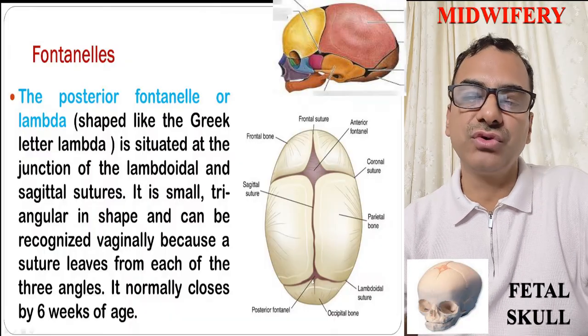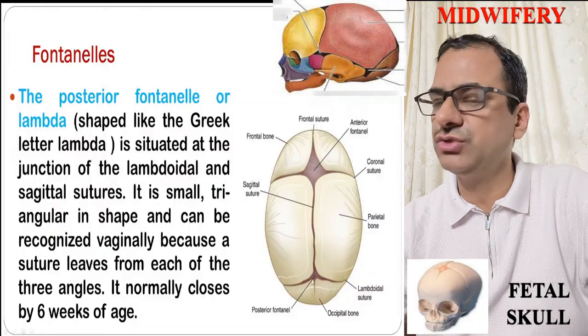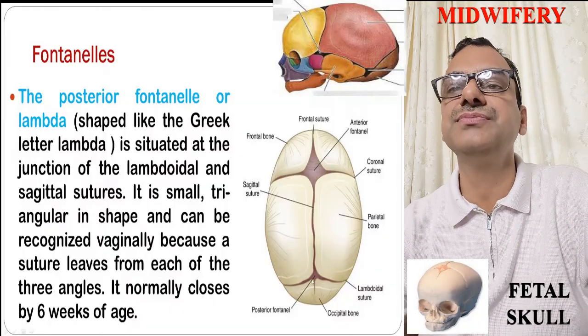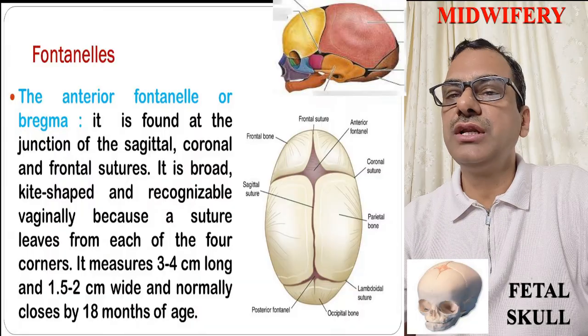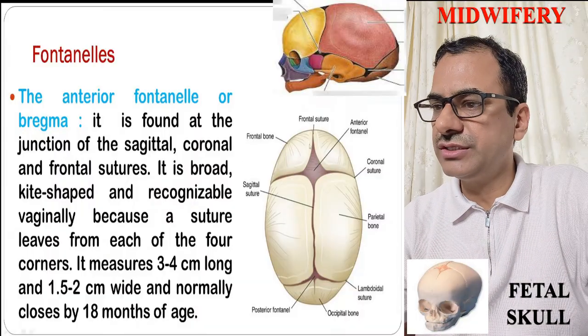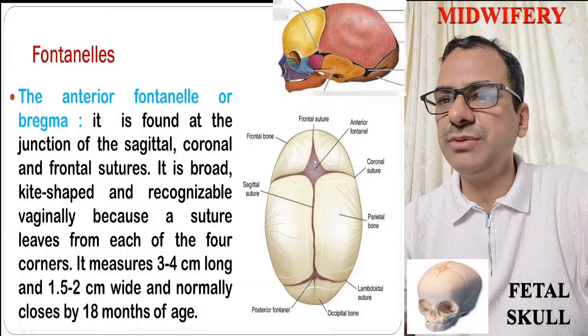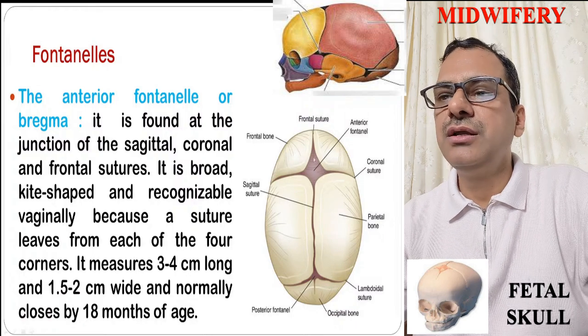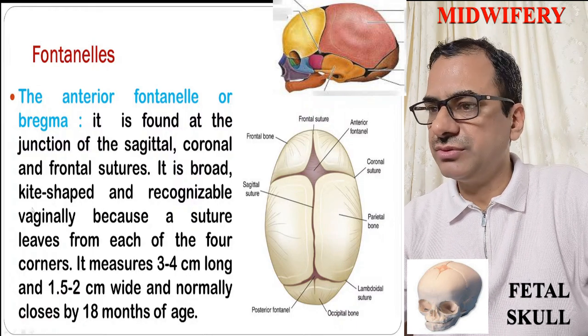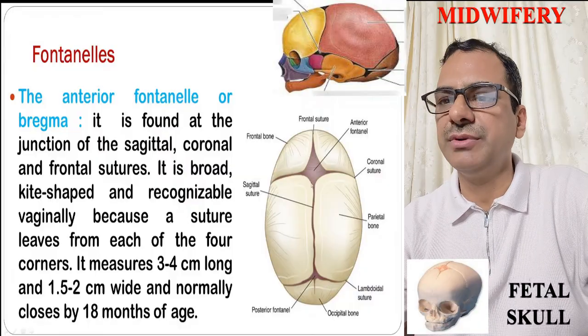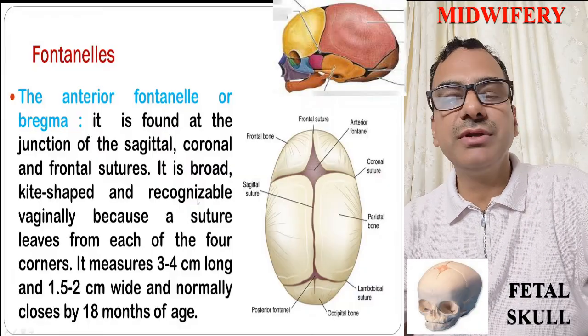Normally the posterior fontanelle closes at the age of 6 weeks. Then the anterior fontanelle or bregma. This one is known as bregma. It is diamond shaped, broad, kite shaped. Kite or diamond, it is recognizable vaginally.